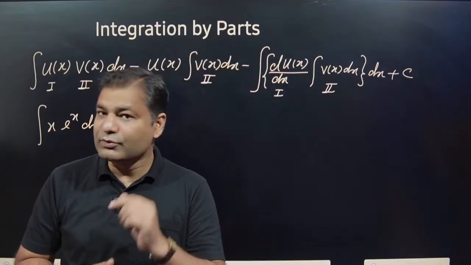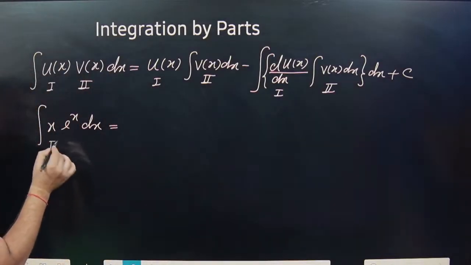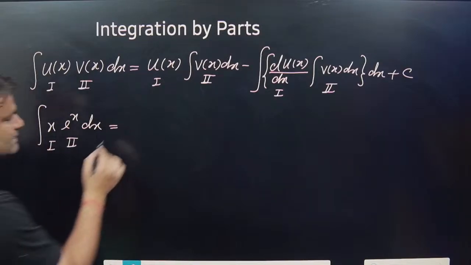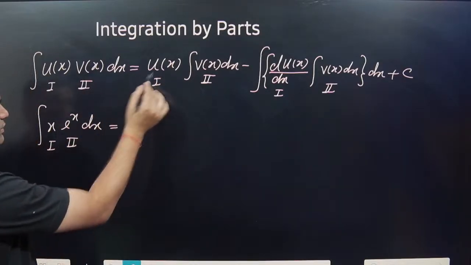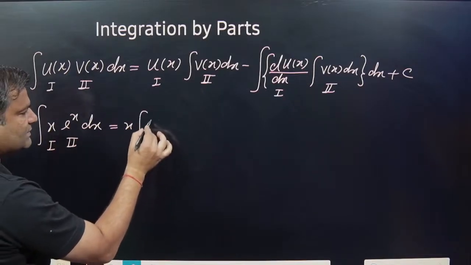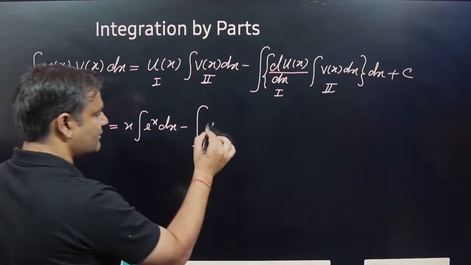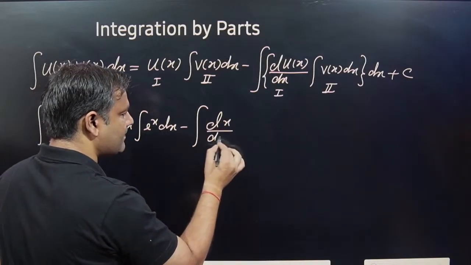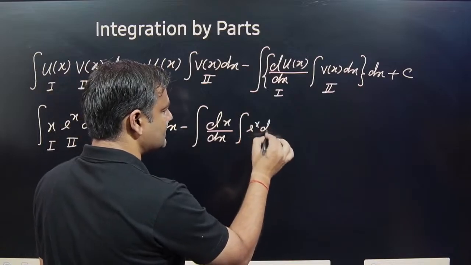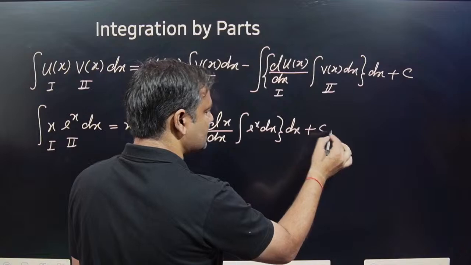Applying the formula, u(x) is x. So first into integration of second, minus differentiation of first function with respect to x into e to power x dx, to whole integration plus c.